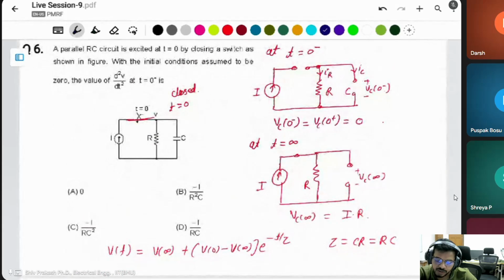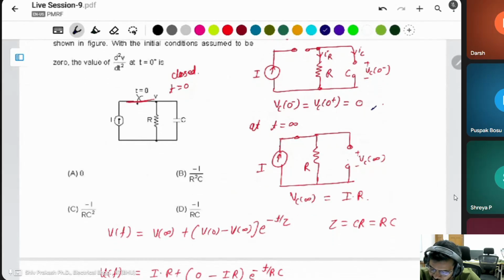This question is given as a parallel circuit, switched at t is equal to 0. It means at t is equal to 0 it will close. Before the closing there is no voltage at the capacitor end. That's why the initial voltage is also already given in the question as 0.